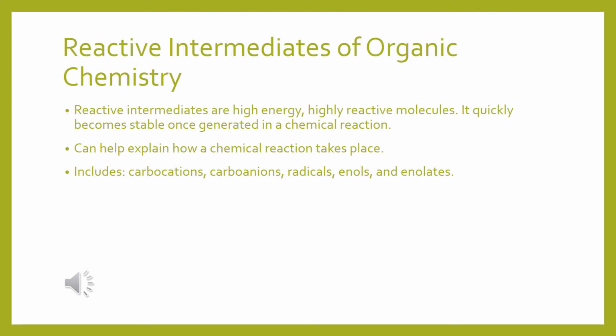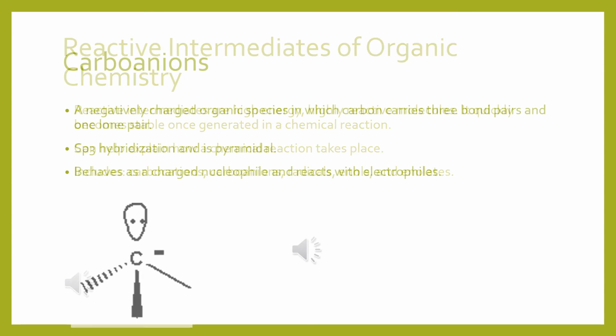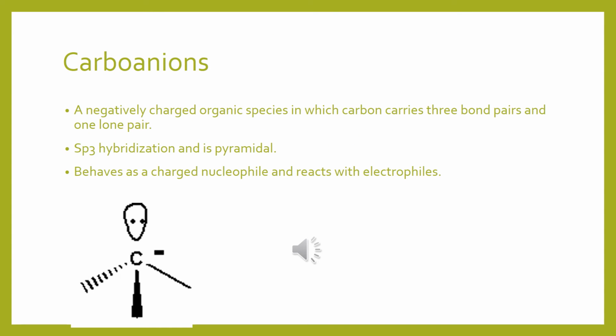Reactive intermediates of organic chemistry. Reactive intermediates are high-energy, highly reactive molecules and can quickly become stable once generated in a chemical reaction. They explain how a chemical reaction can take place and include carbocations, carbanions, radicals, enols, and enolates. Carbanions are negatively charged species in which carbon carries 3 bond pairs and 1 lone pair.